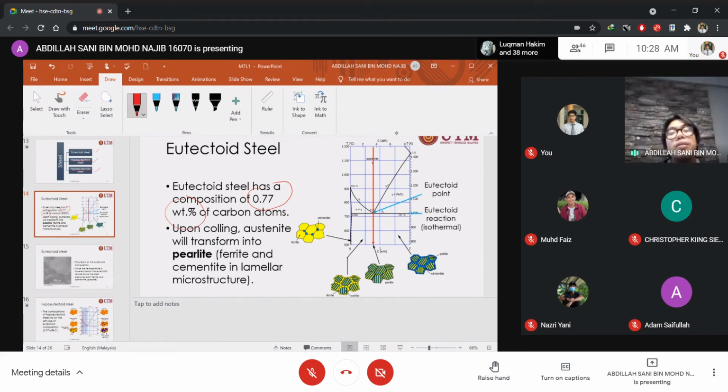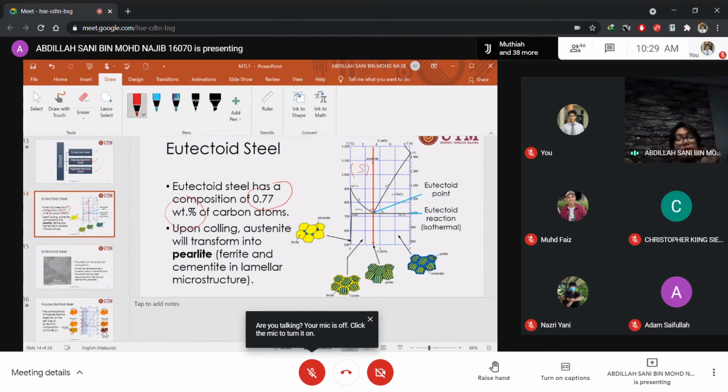This is already solid. You cool the austenite little by little, and at 727 degrees, the 100% austenite changes into a combination of ferrite and cementite.